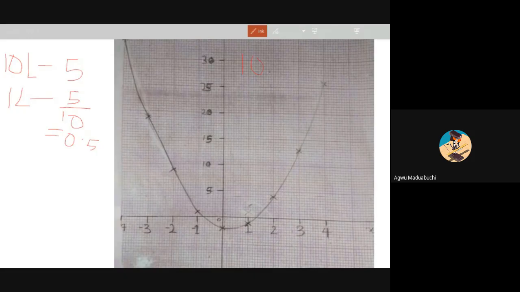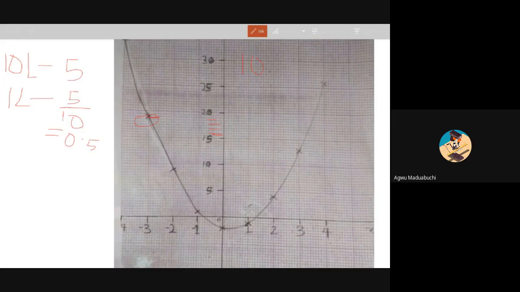If I want 19, 2 lines after 15 gives me 16, 2 lines after that gives me 17, then 18, and then 2 lines after that gives me 19. So this is 19. Like we said, once you have your scale given, you can always find out what one line is.